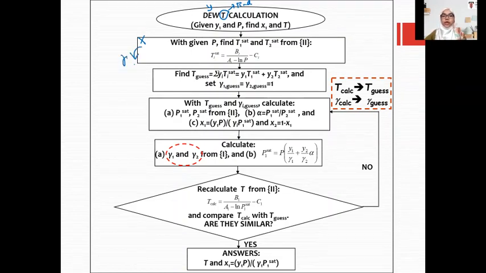So you need to guess the value of gamma from the Margules or Van Laar equation. And then it's a bit more complex compared to the other types of calculation, because you have two unknowns, or you need to guess temperature and the gamma in this type of calculation.